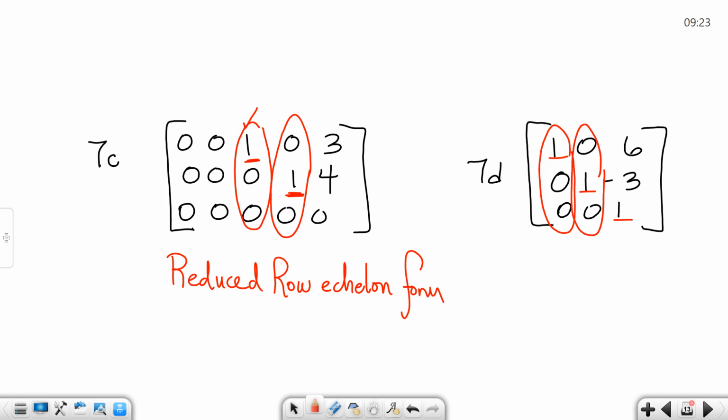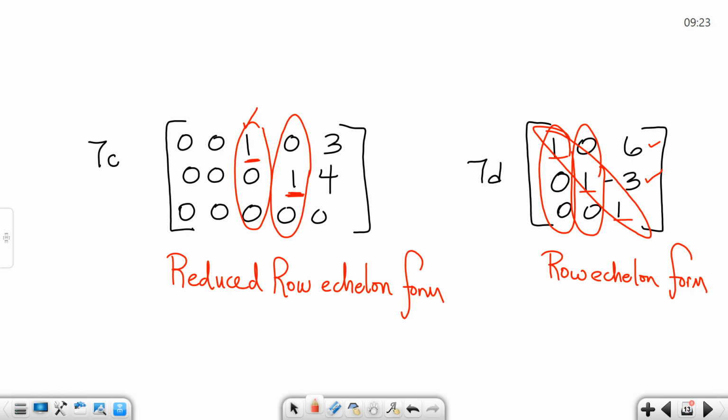And this one has the 1 and the zeros, great. But this one doesn't have the zeros. It's still in row echelon form, but it's not in reduced row echelon form because of the 3 and the 6. So this one is just called row echelon form. And that's how those would go.